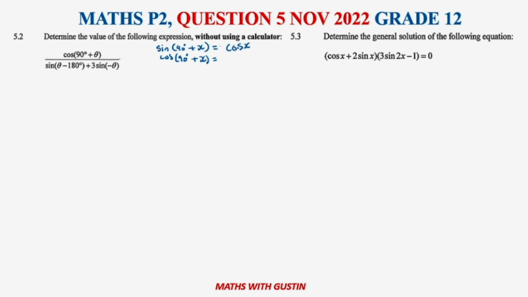Whenever you see sine 90 minus something, it will change to cos. The most critical one is this one here, where cos changes to sine, it changes to a negative sign if it's a plus. So this is the most critical one that you need to know. Then the rest will be just a reduction as normal. You just have to know when it is positive on which quadrant and whatnot.